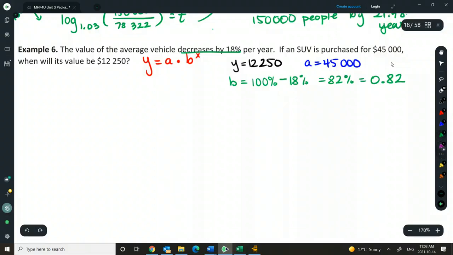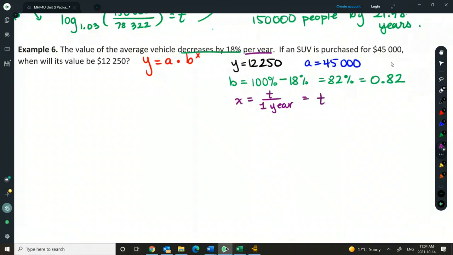Okay, and what components do we know for X? We should know some pieces of this at least. Or one, we would need to know one piece in order to solve. Sirwa? It's per year, so it's T over 1. Okay, T over 1 year because it's per year. So I'll get T out in years when I solve this.